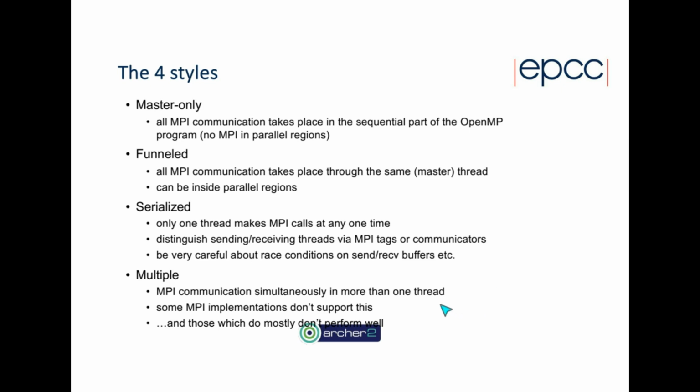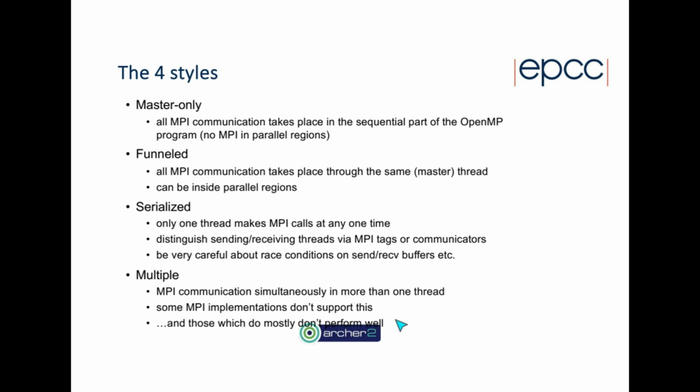And then the final possibility is multiple. This is where we allow threads to call MPI simultaneously. So MPI communication can happen simultaneously in more than one thread. Some MPI implementations don't support this. The main ones, things which are based on MPICH or OpenMPI or their derivatives, mostly do support this.